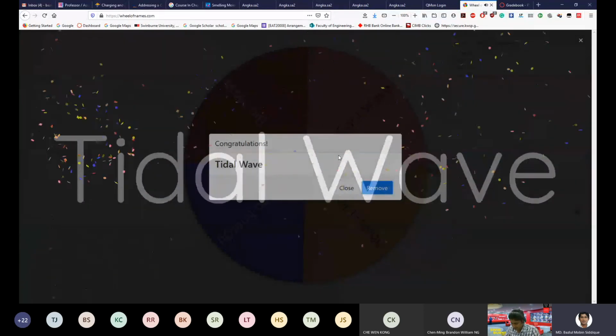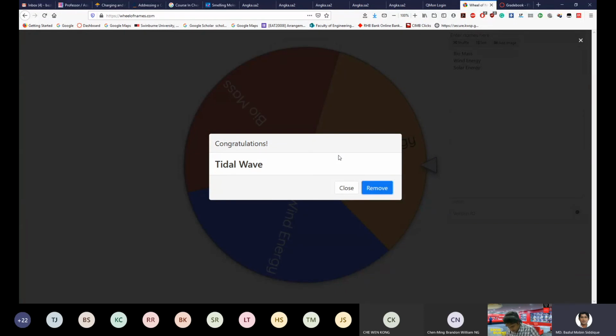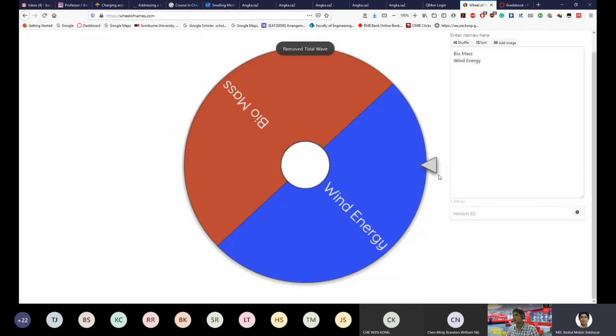Tidal wave. Group 7 is tidal wave. Third was group 7. Fourth is group 1. So after this, group 1.